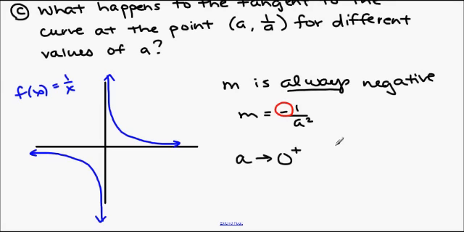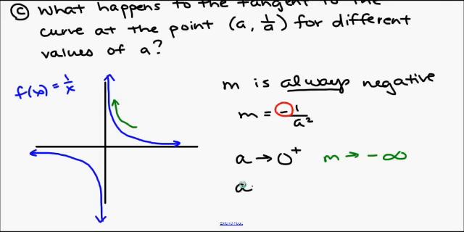As a approaches 0 from the right, so if we are coming this way from the right, you can see that this slope is getting steeper and steeper. It almost looks like you have a straight line going straight up. So the slope there is as steep as you can get. Your m is approaching negative infinity. It is negative because your slope is negative, always.